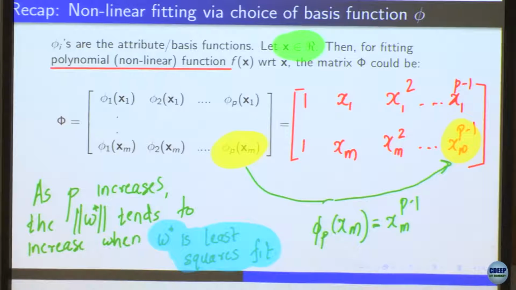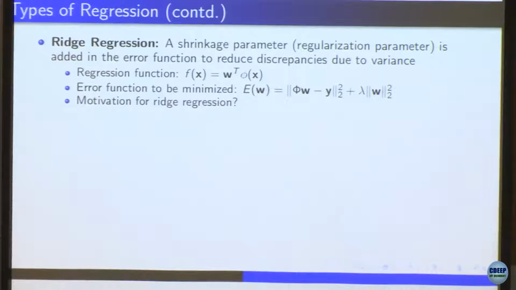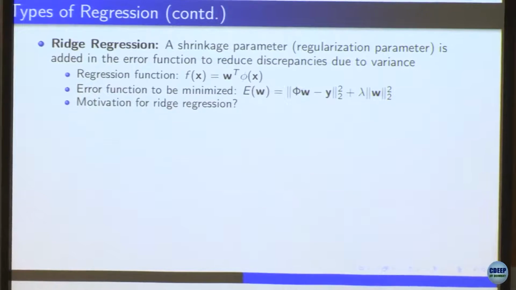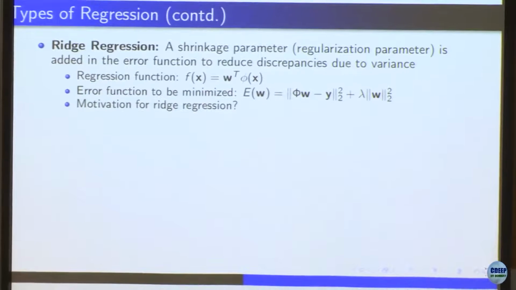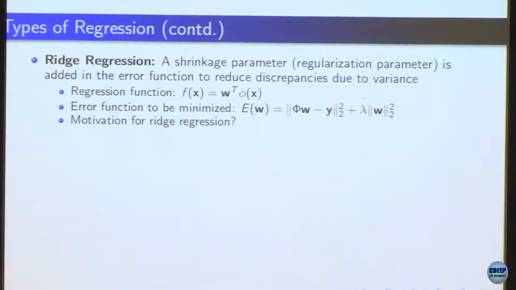Okay, so what we have discussed so far is generalized into ridge regression. What we have is a special case of something called ridge regression. What happens in ridge regression is that you penalize the magnitude of W after the fit.